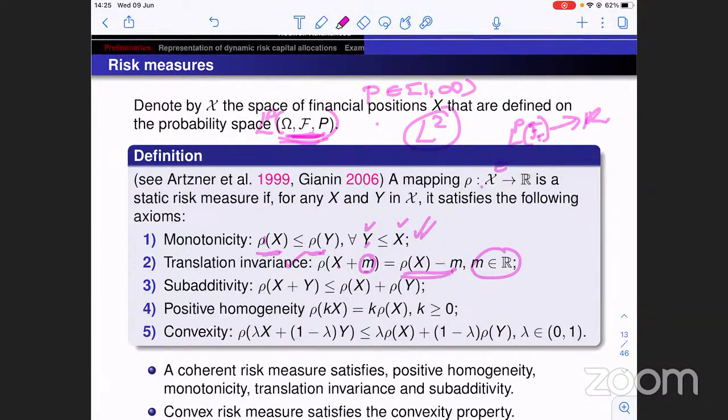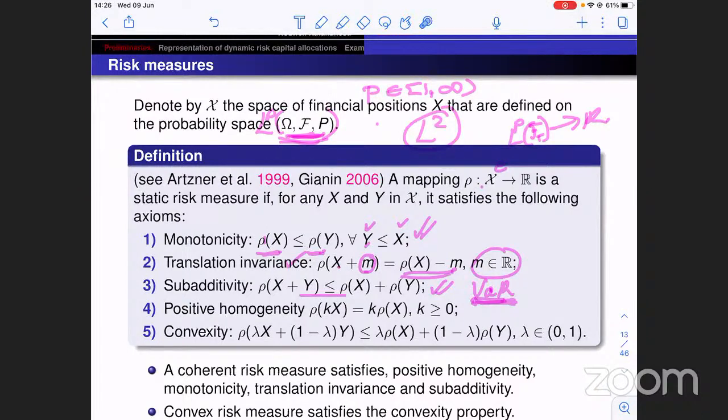And the subadditive property, which is also a very important one, which then throws out the value at risk, because value at risk, which we normally calculate as the maximum amount we are likely to lose, will not satisfy this condition. But if you then use some averaging of it and consider something like tail value at risk, then you see that it becomes subadditive.